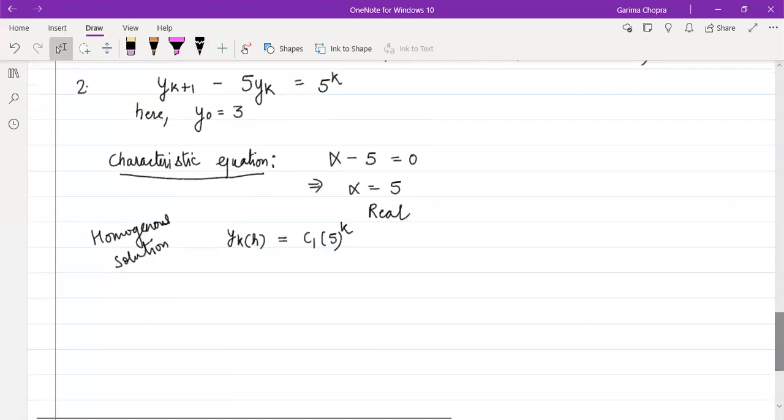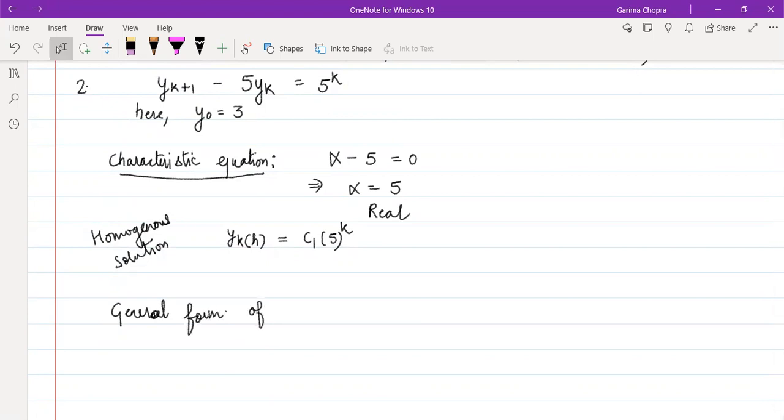Now, for finding the particular solution, let us assume the general form of our particular solution. As we have discussed, the right hand side is of the form c raised to power k, and here c is 5, and this 5 is the root of our characteristic equation.